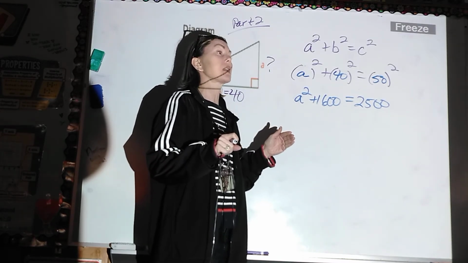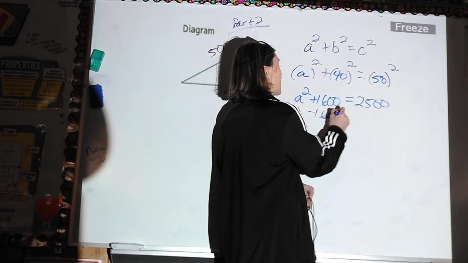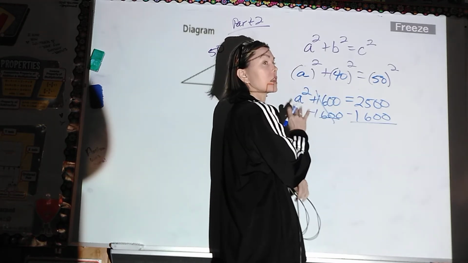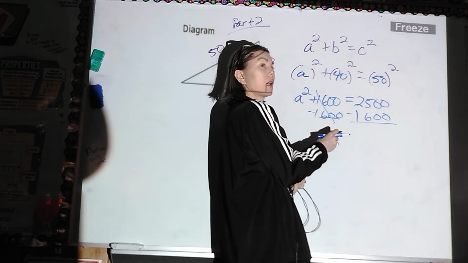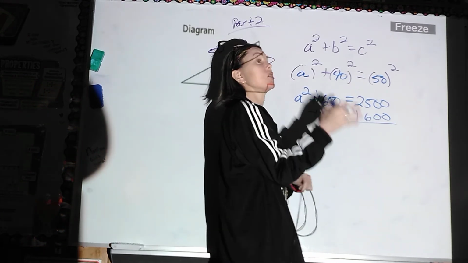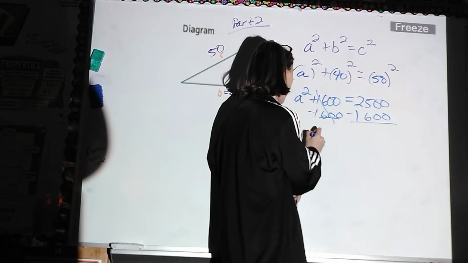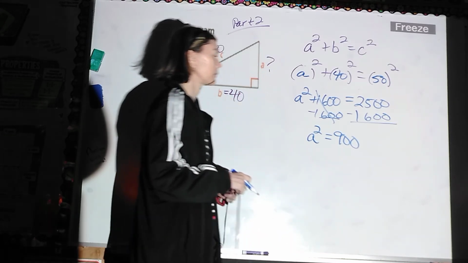So what is the opposite of a positive 1600? Negative 1600. So this is the only additional step that you didn't have to do with part 1. So bring down our A squared equals 900.